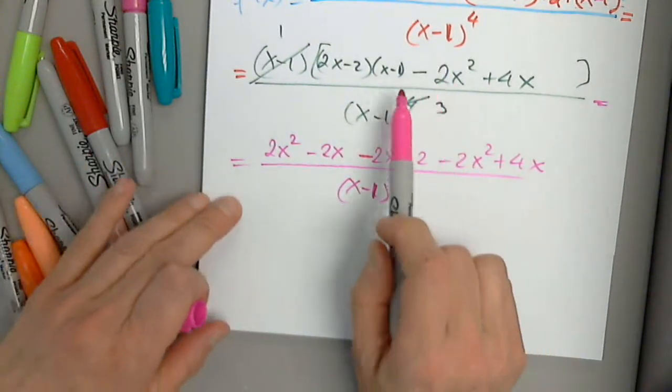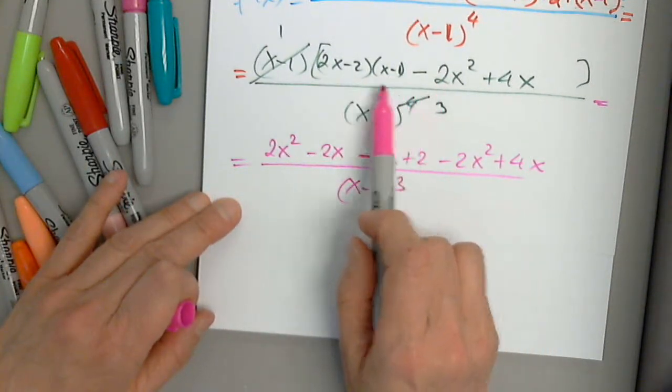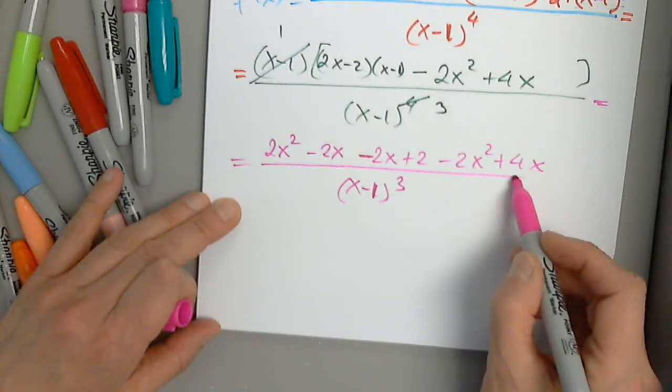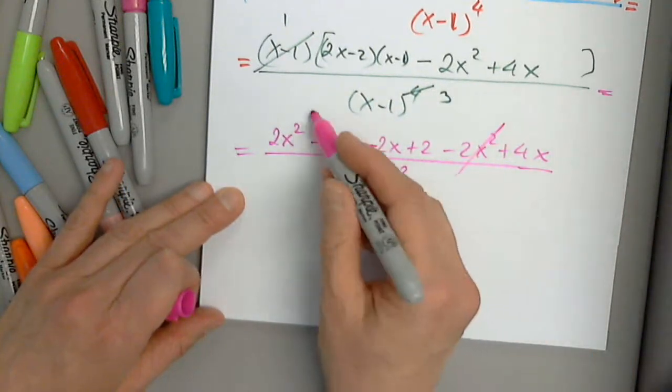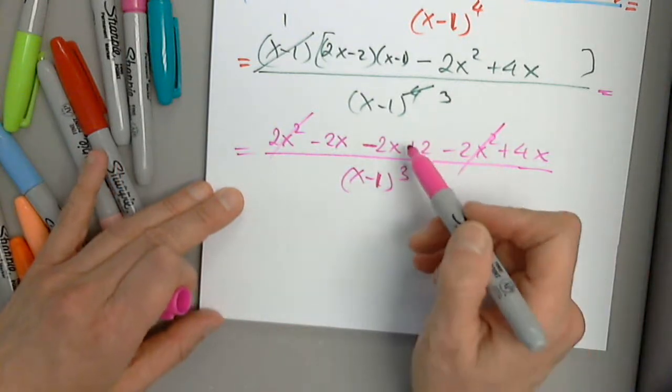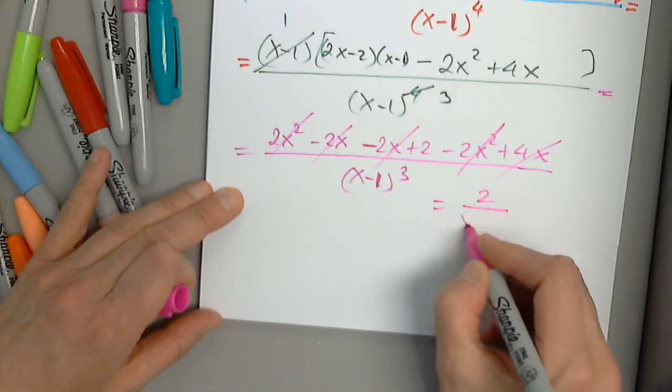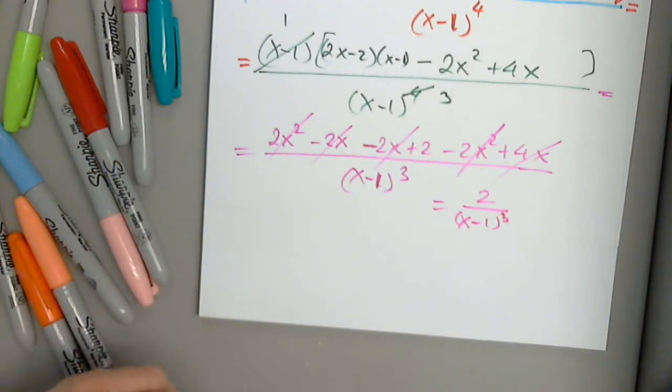Okay, one more time. 2x squared minus 2x plus 2 minus 2x squared plus 4x. Okay, nice. These two go away. Oh, these two with these two. Awesome. 2 over x minus 1 cubed.